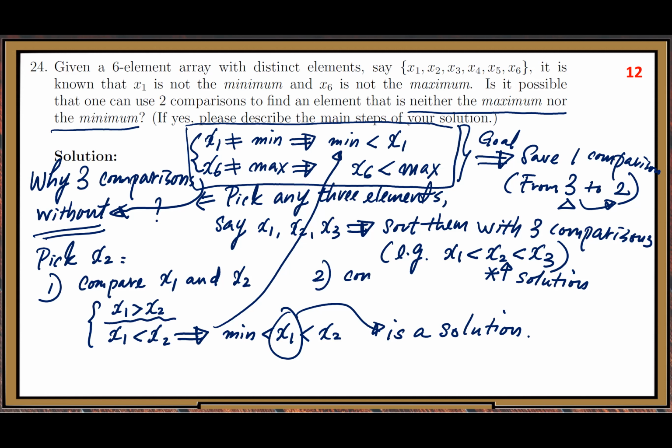Compare still x2, because we already have a lot of information for x2: compare x2 and x6. Then two cases: x2 less than x6, x2 greater than x6.